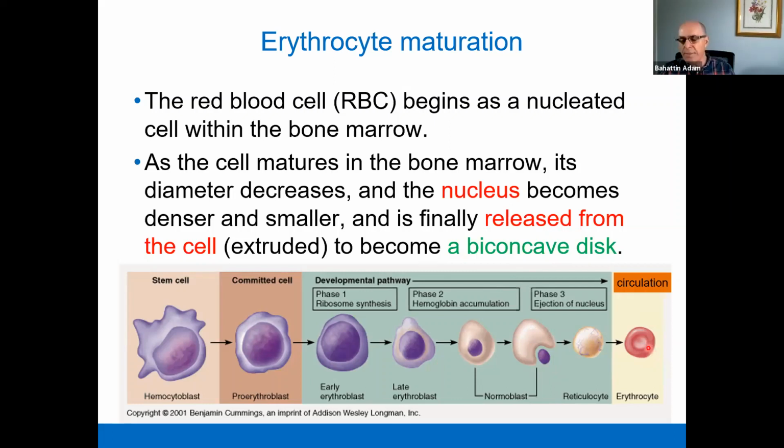Okay, just before it enters into the circulation, the last form of the cells is the reticulocyte, which is unnucleated. There is no nucleus in the reticulocytes, and then they will differentiate to become erythrocytes, biconcave disc-shaped red blood cells.